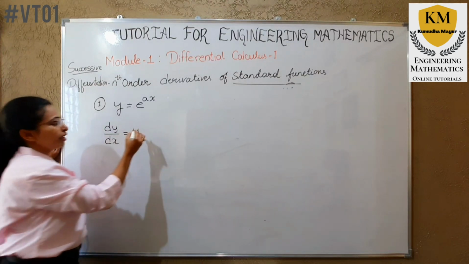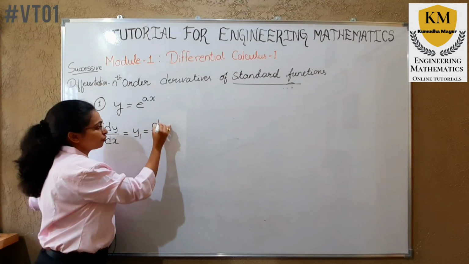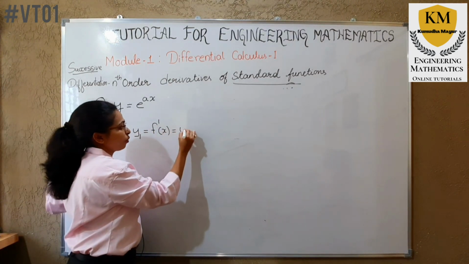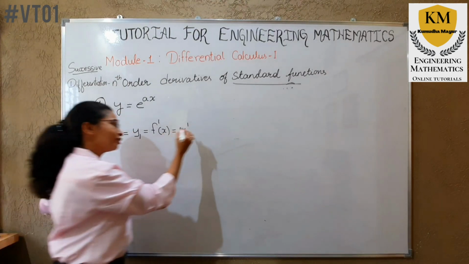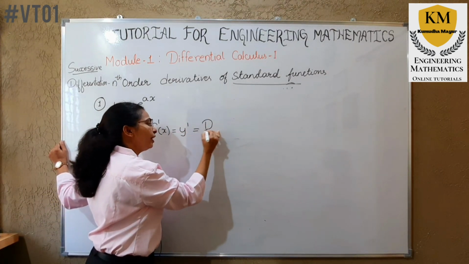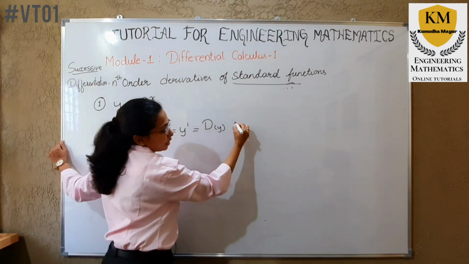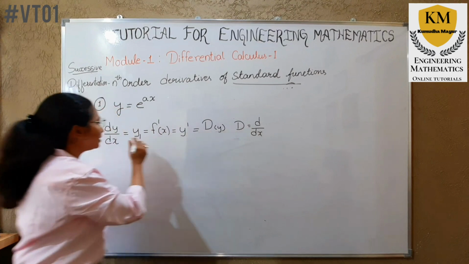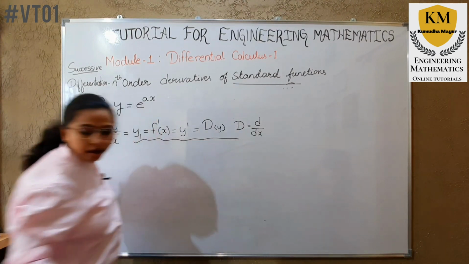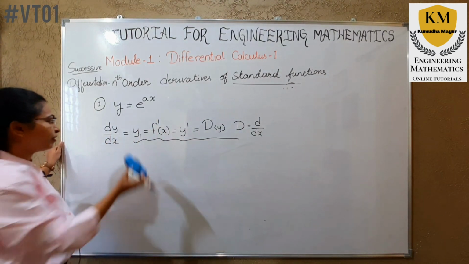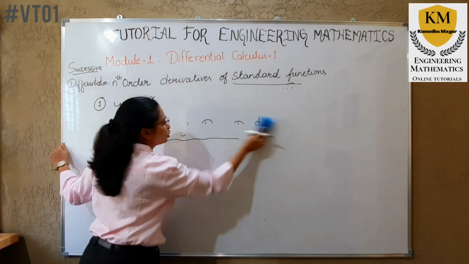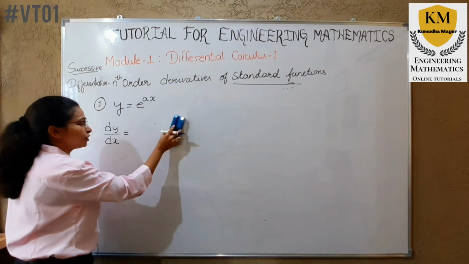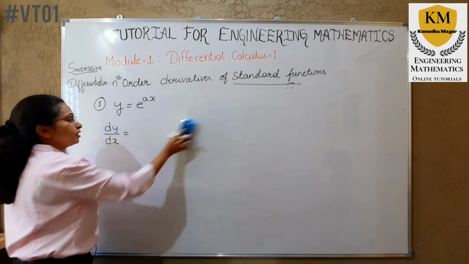This can also be written as f of 1x. This can also be written as y dash. This can also be represented as D of y, where D stands for d by dx. So all these terminologies are the same. This is also one of the basic concepts you must know: don't get confused with the different notations. All those notations are the same.